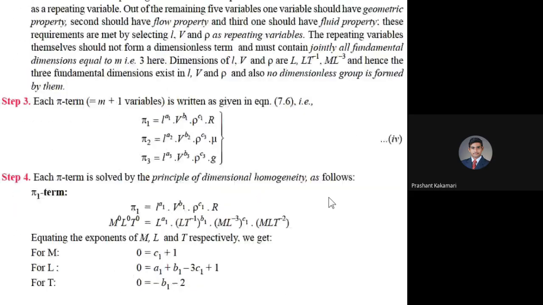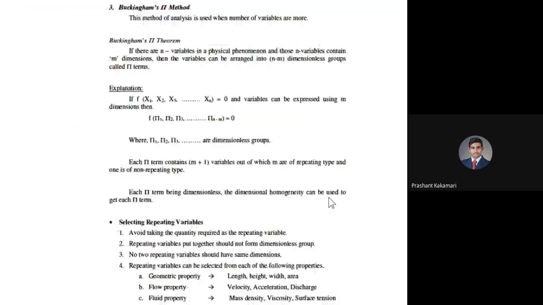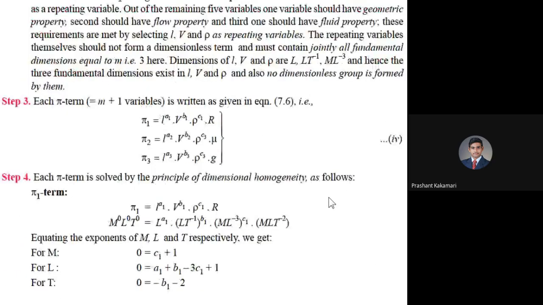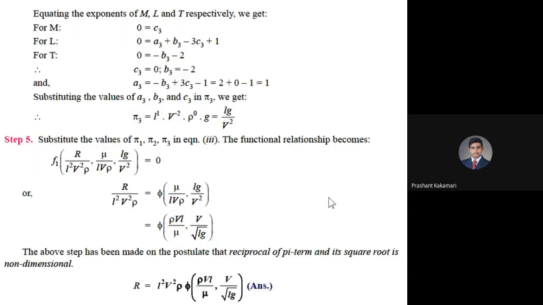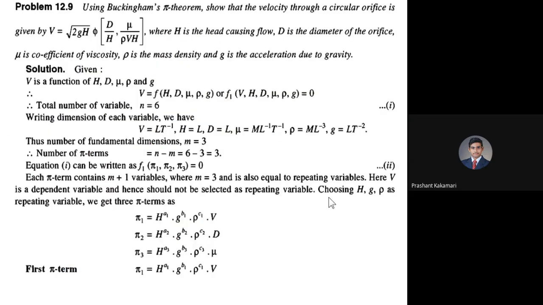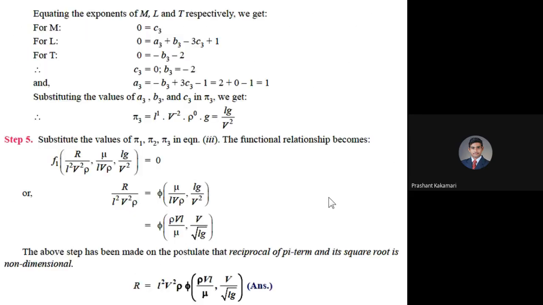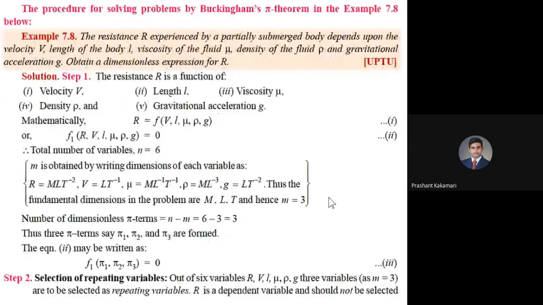See here, in any equation, pi 1, pi 2, pi 3, phi of. If you multiply with any constant, the dimensions are not going to change. Only the value is going to increase or decrease. But this constant, if you multiply with any dimensions, it is not going to change the results.